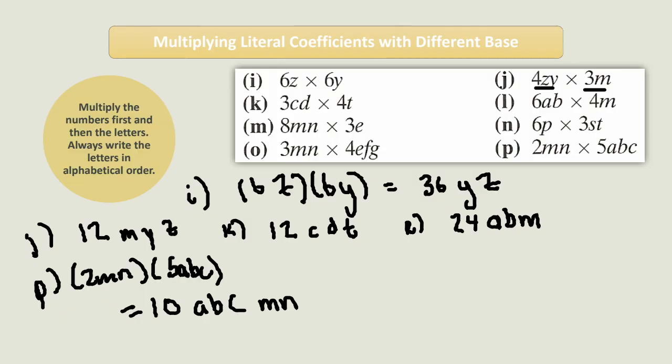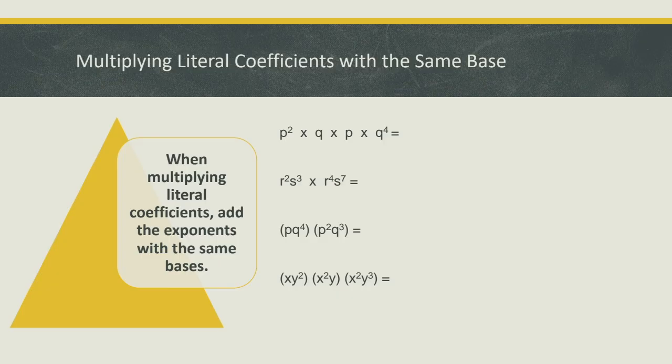Okay. When we multiply literal coefficients that have the same base, we can add the exponents. We talked a bit about this in the addition and subtraction video, but if this was addition and subtraction, the rules would be different, right?